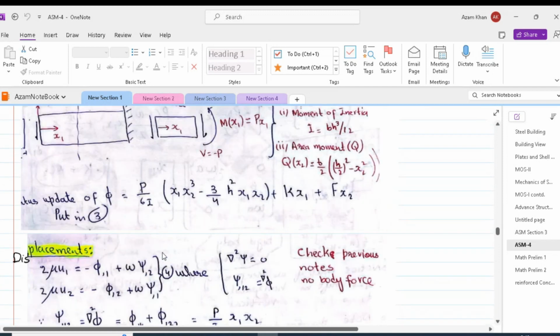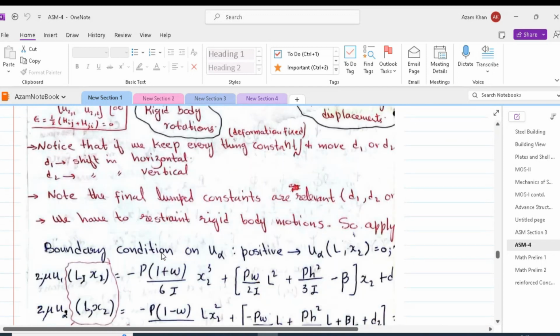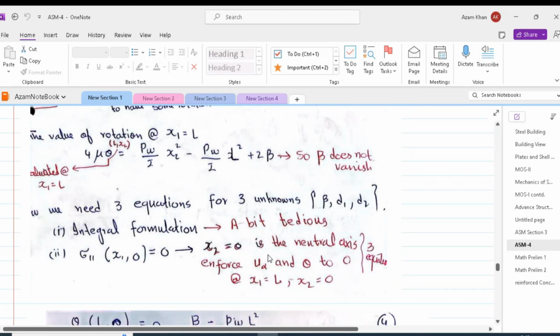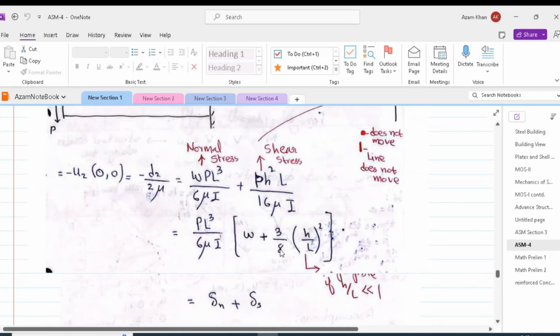In that, whilst deriving the expression for the elastic curve of a neutral axis, we found that it had a component related to normal stresses and another component related to shear stresses. It was found that the deflection component due to flexure stresses or normal stresses was the same as depicted by the Euler-Bernoulli theory.